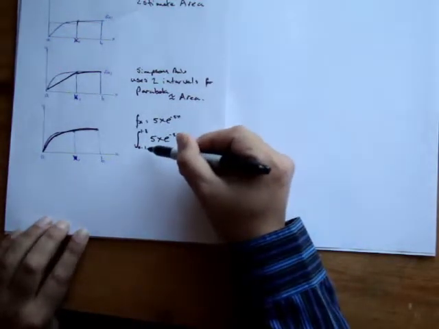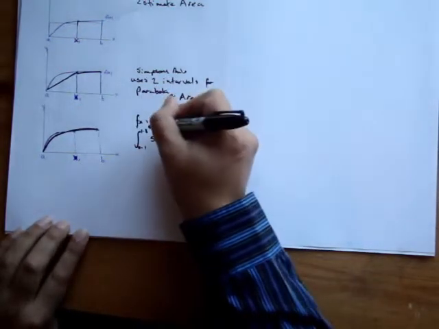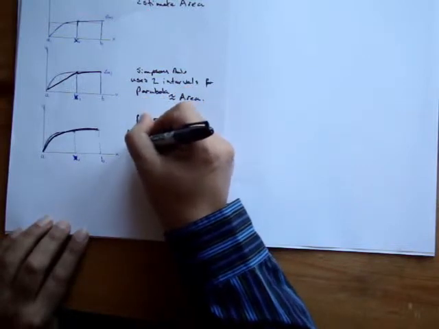So this is our upper limit and this is our lower limit. So we can think of this as b and this as a.